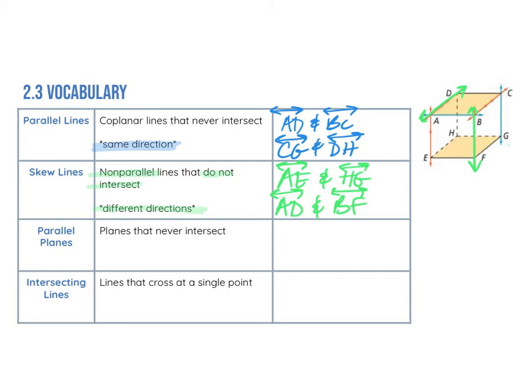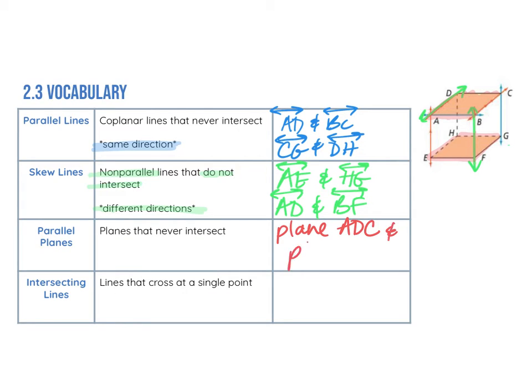Okay, parallel planes are exactly what it sounds like, planes that never intersect. So if I'm looking at maybe this top plane here, its parallel plane would be this bottom one here, right? Because those two are never going to cross paths. So I could say plane, remember, we only need 3 letters, so ADC could be that top one.